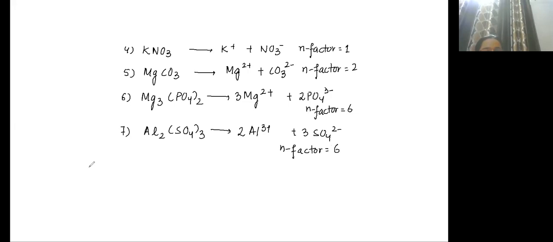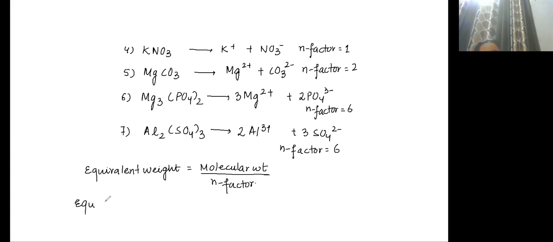Now next is equivalent weight. So what is equivalent weight? Equivalent weight is molecular weight divided by N factor. If I ask you the equivalent weight of H2SO4, how will you calculate it?